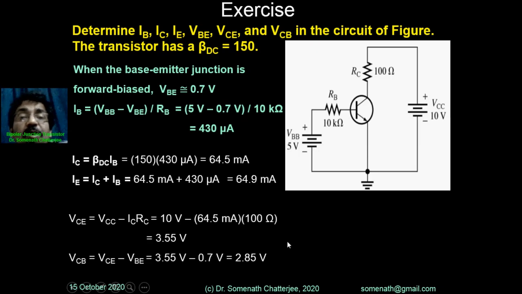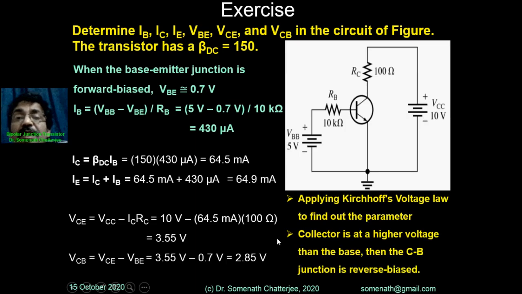So these are all easy to find. Applying Kirchhoff's voltage law to find the parameters, I already discussed, and I think it is clear. If you do not understand, maybe you can listen several times, then you can understand easily. Okay, so this is the exercise.